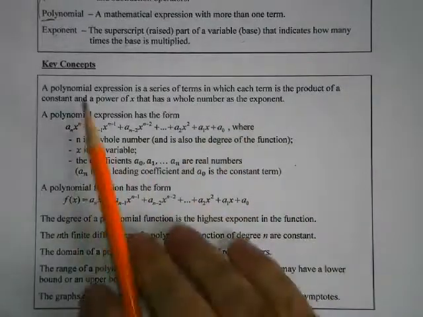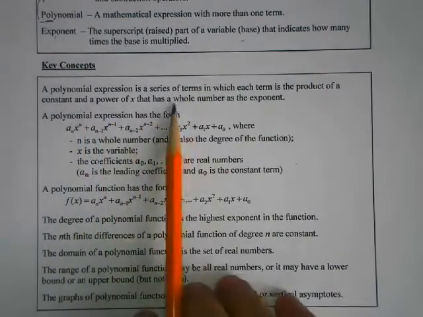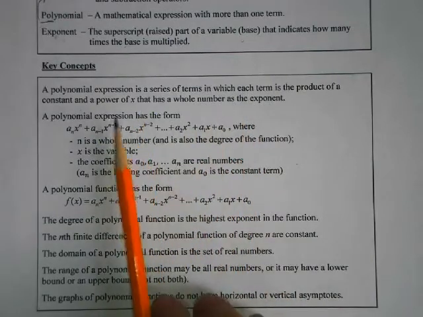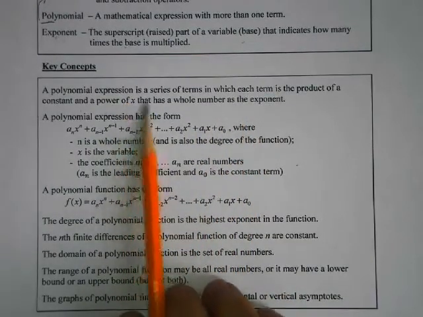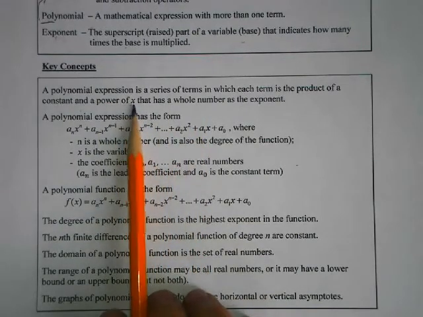These are the key concepts, and you can see that's all we've got. A polynomial expression is a series of terms in which each term is the product of a constant and a power of x. We could change that variable to something else, but it's important to note there's only one variable, so most of the time it's going to be x.